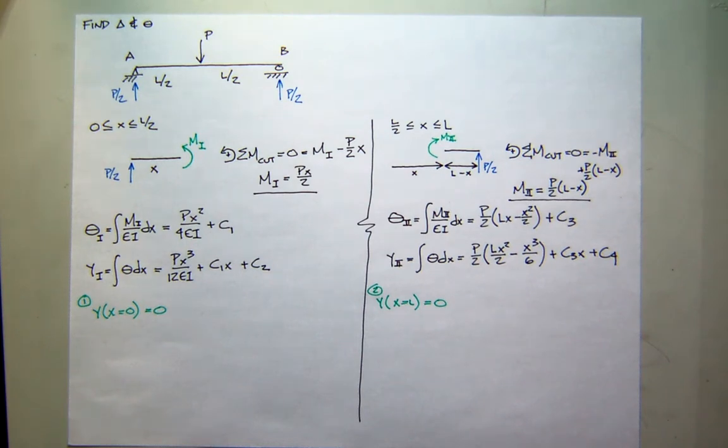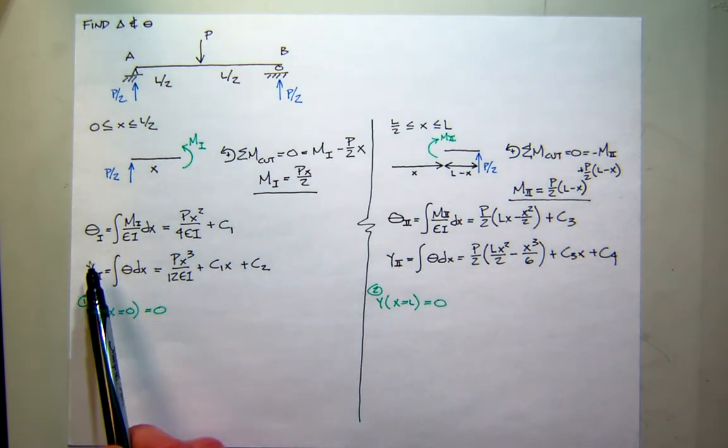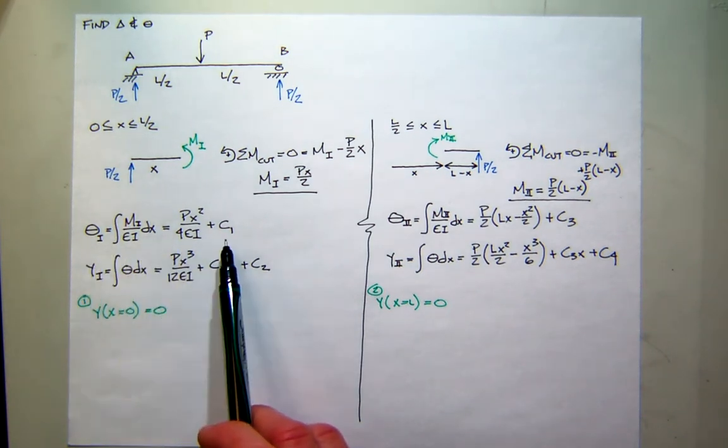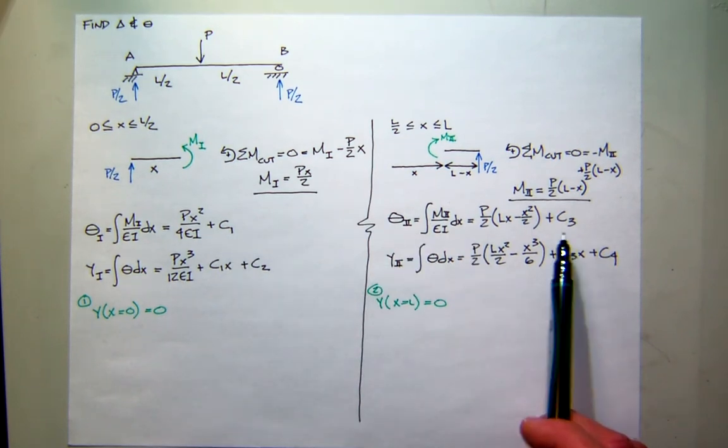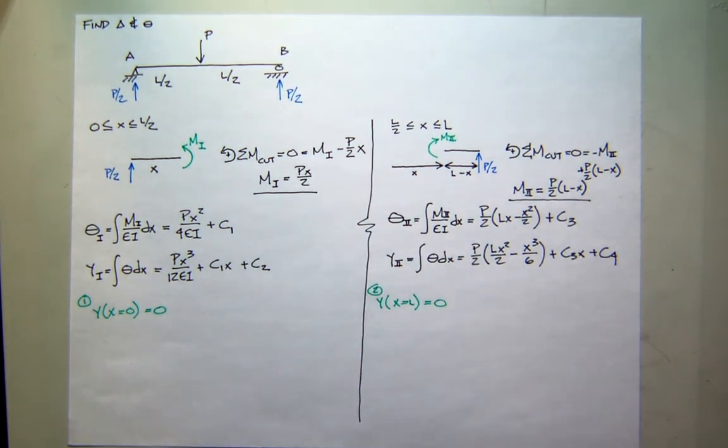What other 2 things can I enforce? Well, let me think about this. If I calculate the slope using this equation, and the slope using this equation, they share a point. Where do they match? At L over 2, they should give the same slope? Yes, they should, because your beam cannot have a dramatic change in slope.